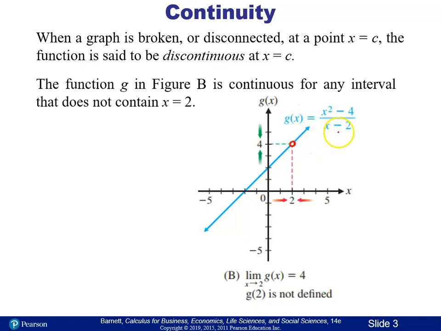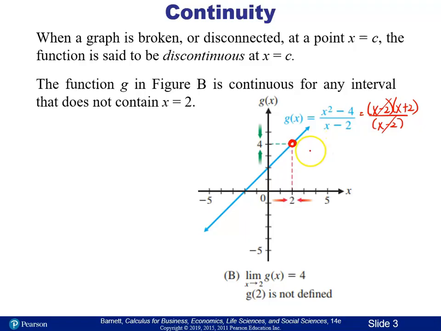The reason it's broken is because you can see that the denominator is undefined at 2. So because it's undefined at 2, it turns out if we factored this, we get one of those factors that cancels. So we actually have that hole that occurs there.